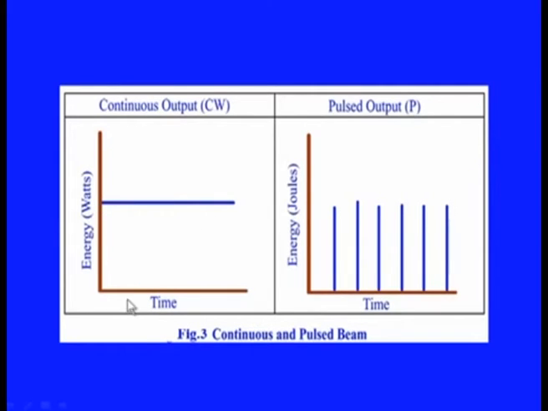That means it will have continuously the same energy output, whereas in pulse mode there will be a spike or discrete energy pulses as output, meaning for a few microseconds or milliseconds there will be an output of specified energy level, say several watts or joules, and there will be a dead zone or gap in between, followed by another pulse or spike of energy.